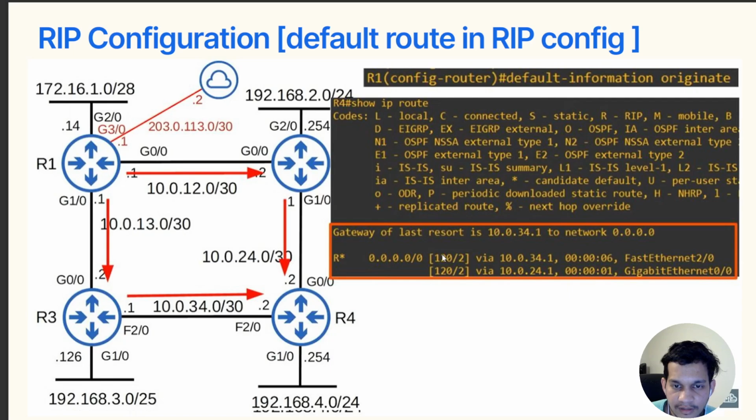RIP has an administrative distance of 120 and a metric of 2, that is from R1 to R4 there are 2 hops, 1 and 2. Both routes are added here. You can see that 34.1 belongs to FastEthernet 2/0, and 24.1 is received on G0/0, which is over here.